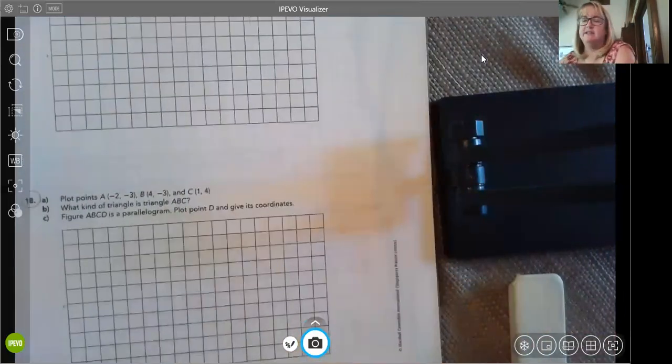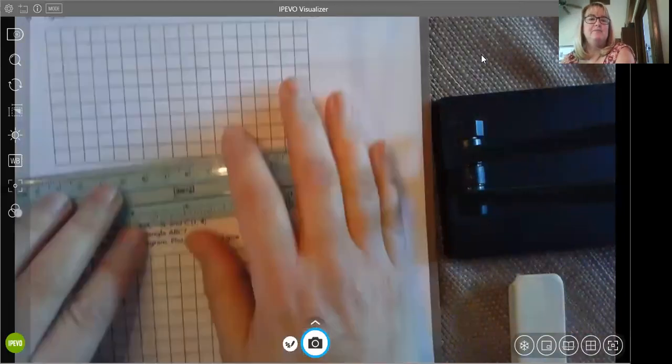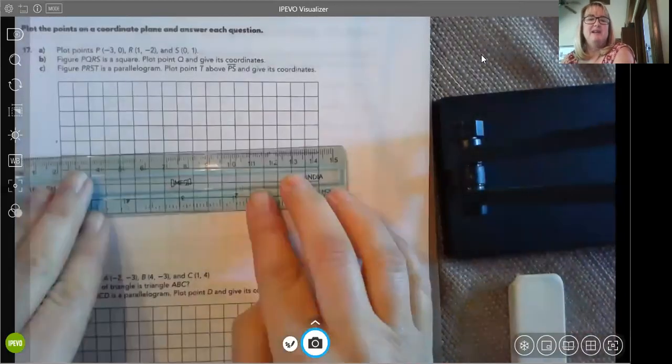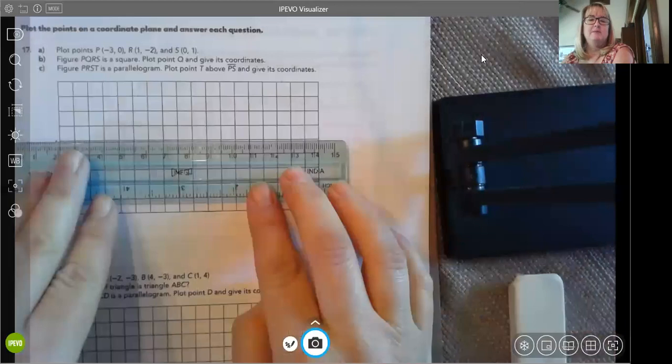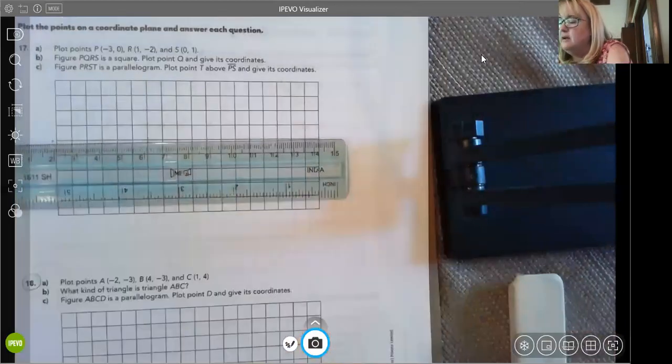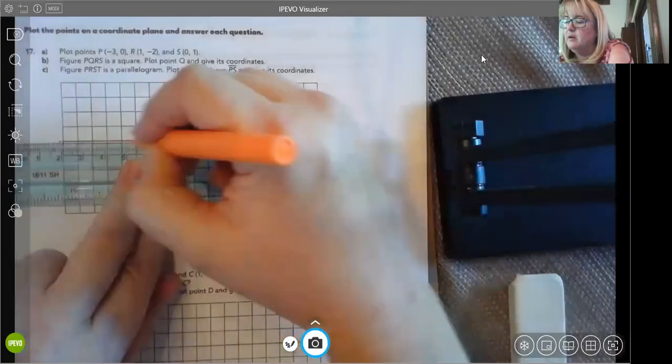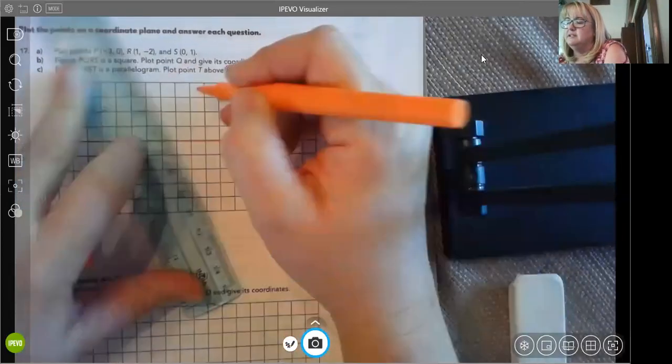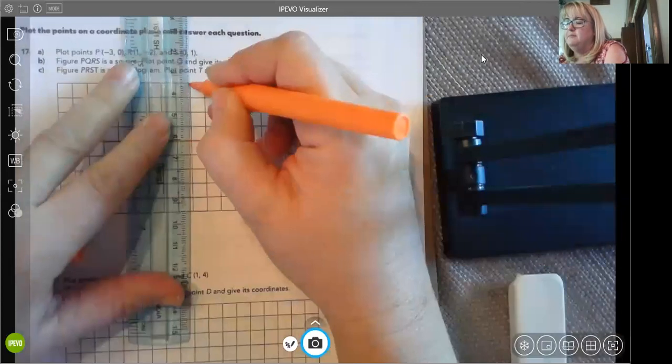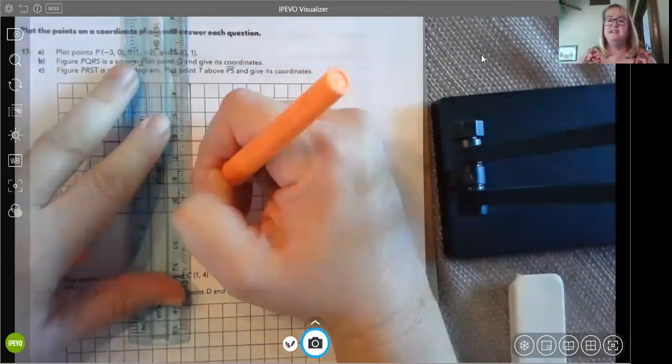Actually, let's draw our X and Y axis on 17. I want you to be not quite in the middle, maybe a little bit above the middle for your X axis. And then the Y axis we'll put in the middle. Okay. You're going to do 17 on your own, but we're going to do 18 together.